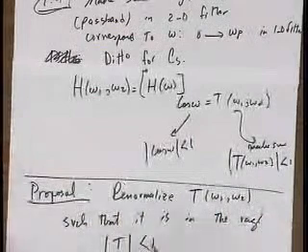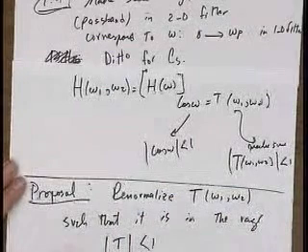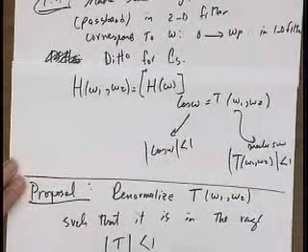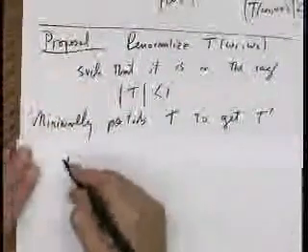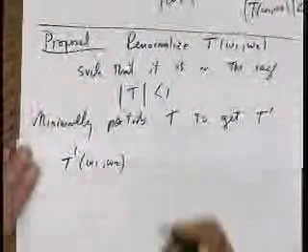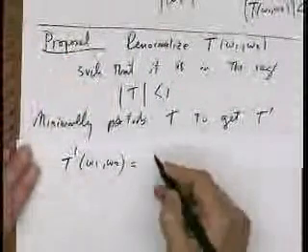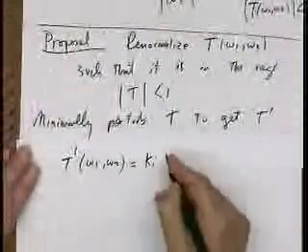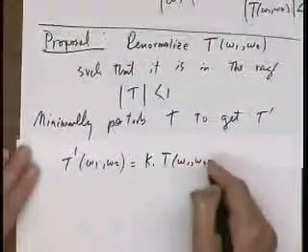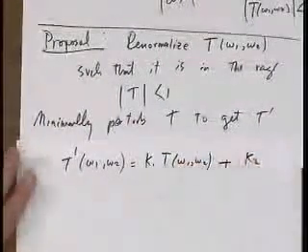In other words, try to do that with minimal perturbation of t. So minimally perturb t to get a new transformation, which we call t prime. And this t prime is going to be t prime of omega 1 and omega 2. Here's my proposal of minimally perturbing t: some constant k1 times t of omega 1 and omega 2 plus some other constant k2.